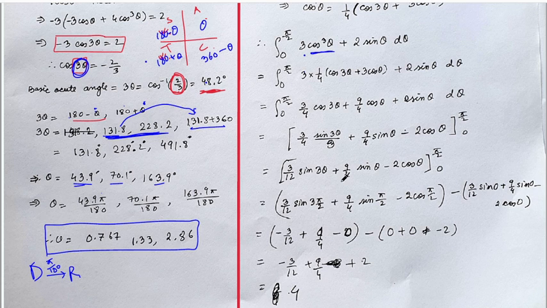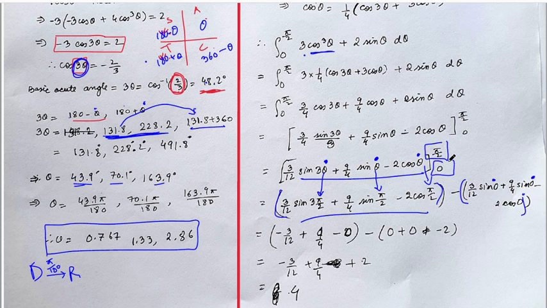Since we're done with the integration, I will just replace theta first with the upper limit. In this bracket it's the same thing with values of theta. I just replaced each and every single theta with pi by 2, and in the second bracket it's the same thing with the value of theta as 0. Okay, so upper limit minus lower limit.